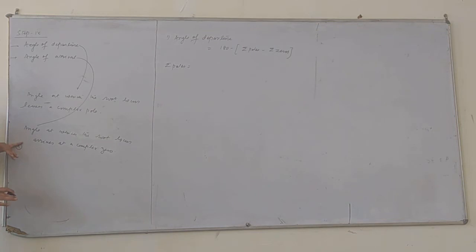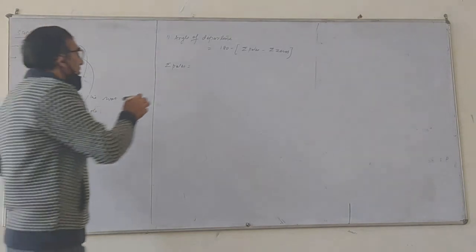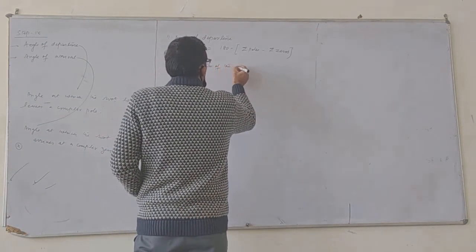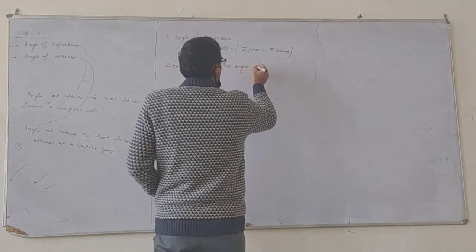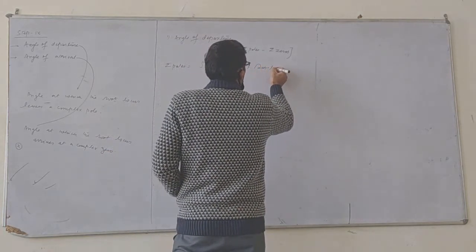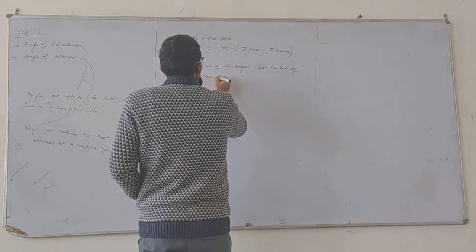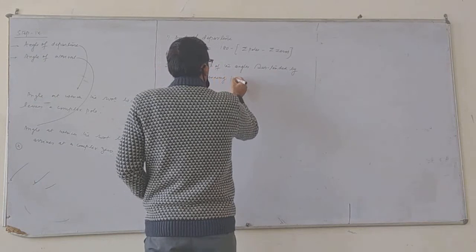So we have to leave that. Other poles, wherever they are located, we will take the angles. So sigma poles will be the summation of all those angles subtended by the remaining poles. You can write down: sigma poles is the sum of the angles subtended by remaining poles.